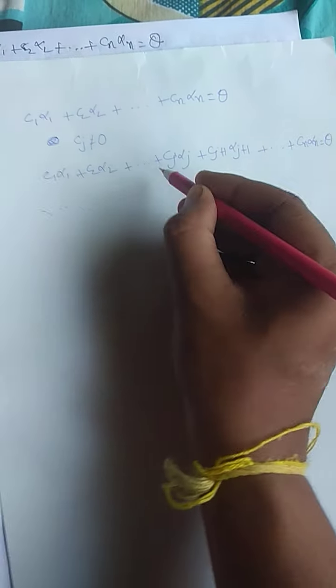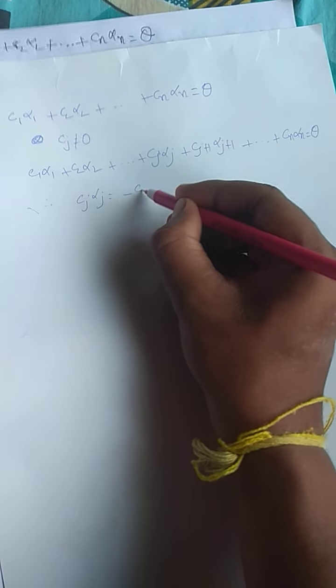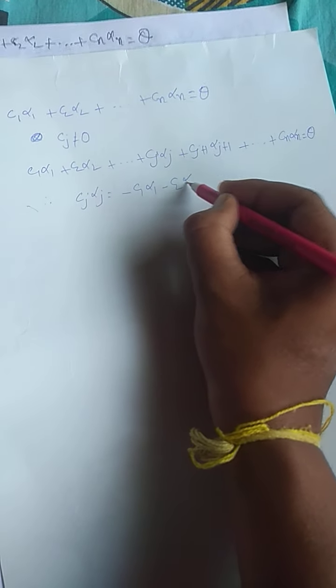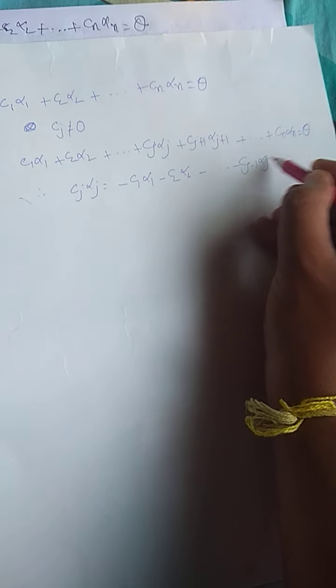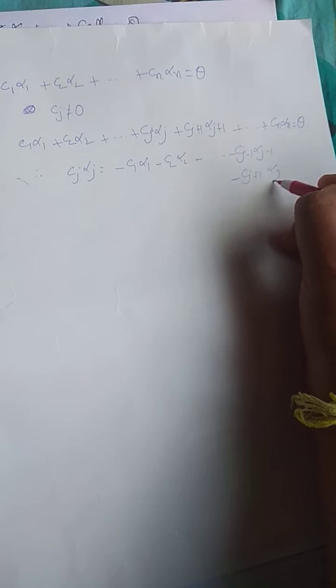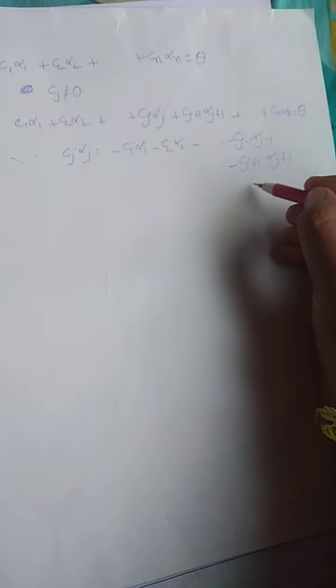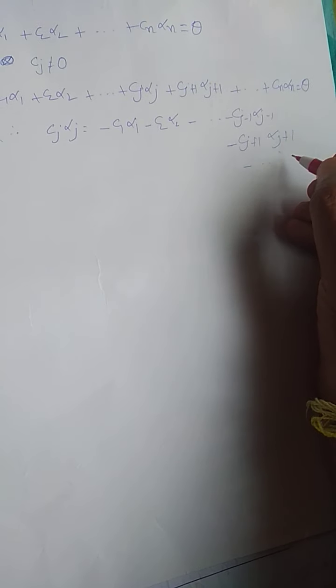So we can take cj alpha j to one side and, changing the side for the other terms, get minus c1 alpha 1 minus c2 alpha 2 minus dot dot dot minus cj minus 1 alpha j minus 1 minus cj plus 1 alpha j plus 1 minus dot dot dot minus cn alpha n.